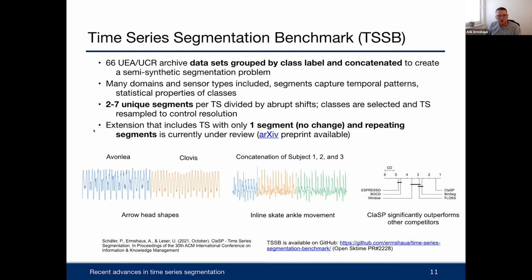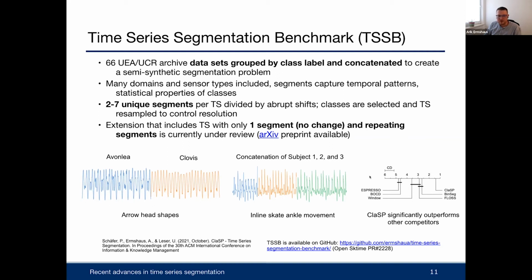And right now we also have one extension to the benchmark under review, which also includes time series with only 1 segment. So there is no change at all, which is kind of the true negative case for time series segmentation. And then also with repeating segments, which I talked about earlier, where segments repeat, which makes the segmentation problem a lot harder.